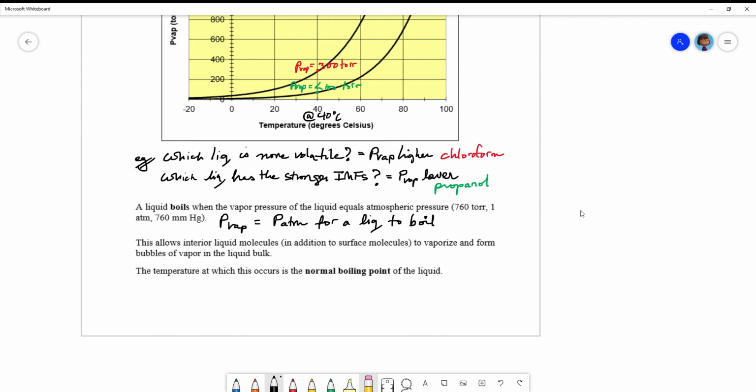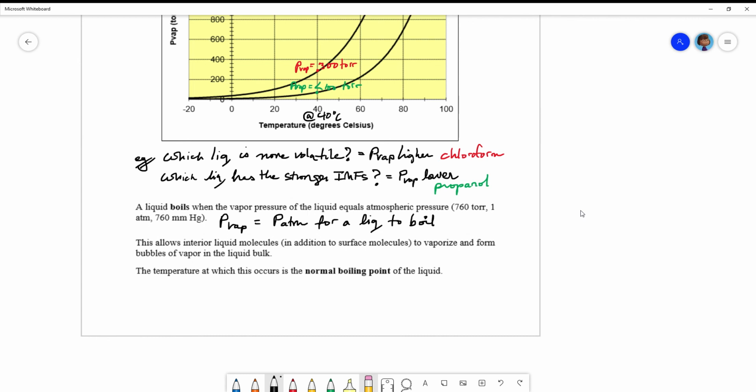Okay, so let's think about the heating of a liquid. So we're heating our liquid up, and what happens to the vapor pressure? It's getting higher and higher. And why? Because more and more gas is being produced above the liquid. Now, at some temperature, the pressure of the vapor is going to balance atmospheric pressure.